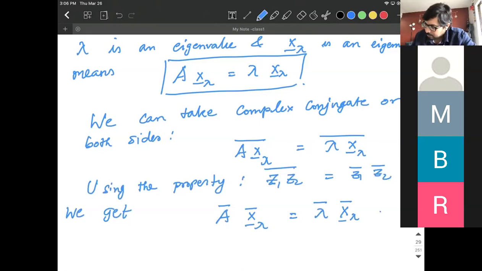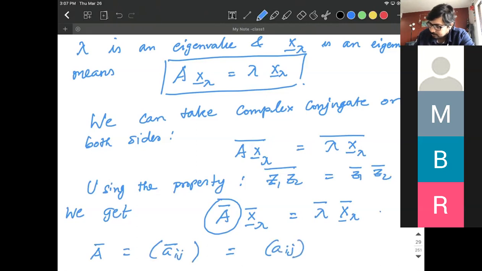Now here is the fact. Here is where A being a real matrix is used. So all the entries of A are real. So A conjugate, which is Aij conjugate, is the same as A, because each entry is real.